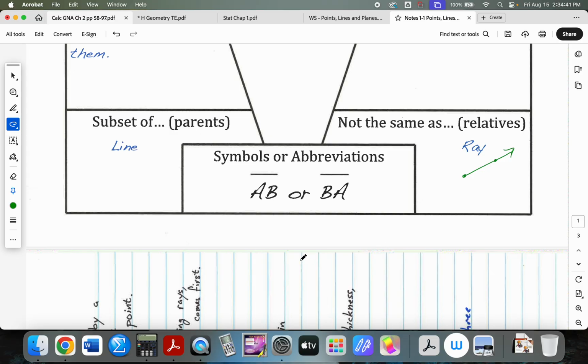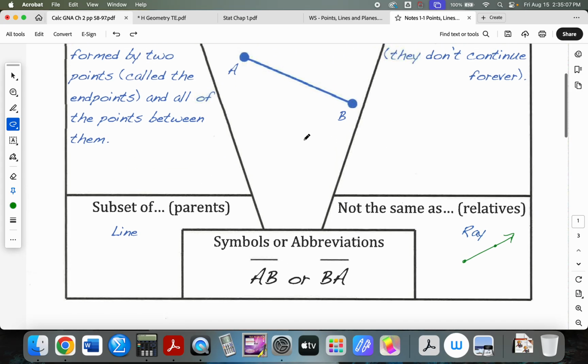The way that we do the symbol for a line, we put arrows on the ends. For a segment, we just don't put the arrows. Now, some older textbooks put big old dots on the end. You don't need to do that. If you want to, you're welcome to, but it's not necessary.